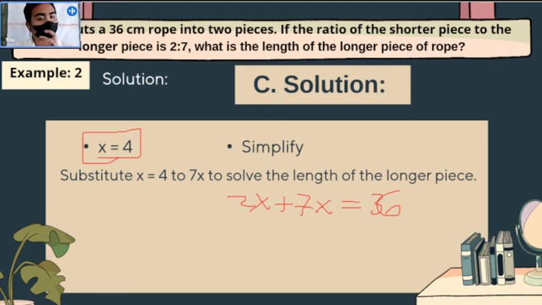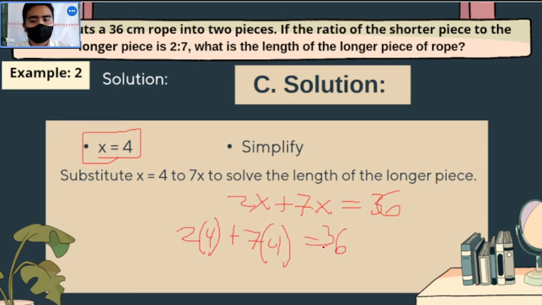If you say substitute, you change that variable to whatever value it has. So it will become 2 multiplied by 4 plus 7 multiplied by 4 is equal to 36.